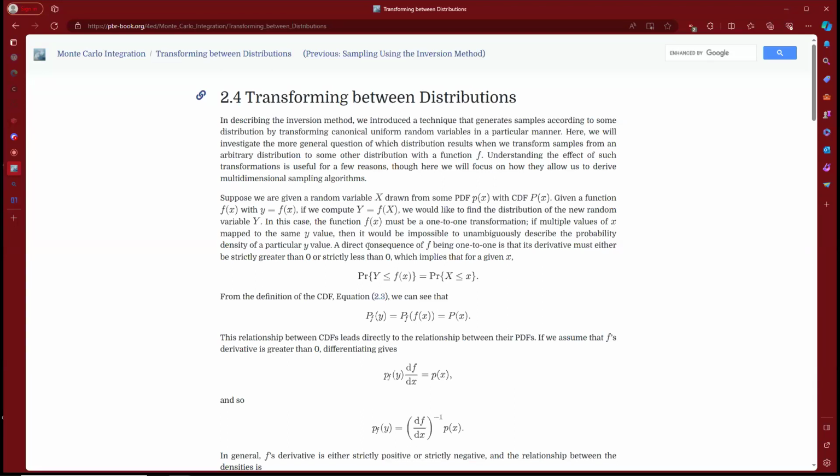If multiple values of x mapped to the same y value, then it would be impossible to unambiguously describe the probability density of a particular y value.